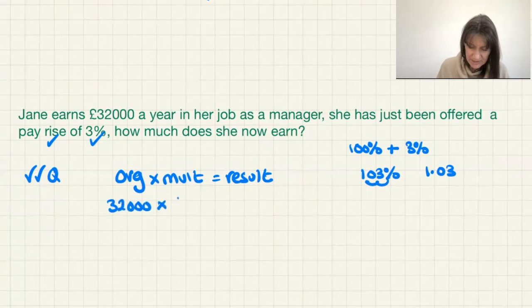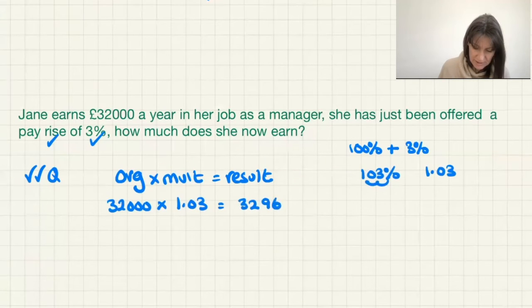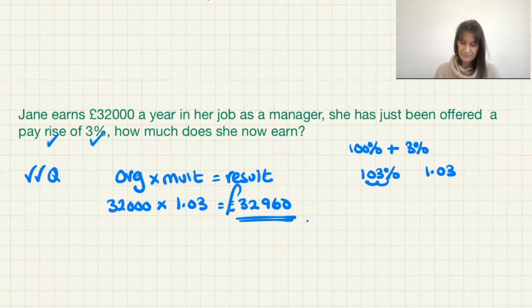I'm going to times that by 1.03. So we have got 32,960. That is her new salary. Okay, how much does she now earn? We've answered the question. Now that is a grade 3 question. That's the type of thing that we were doing in the course.